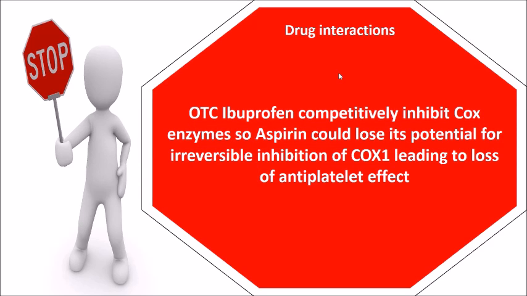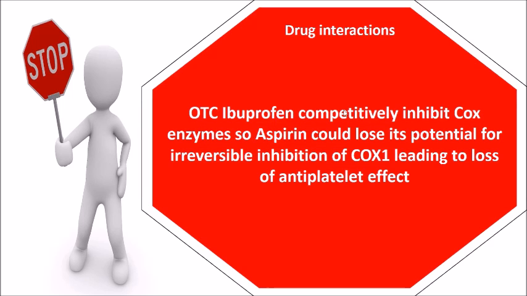Also, people on low dose aspirin like 75 milligram will usually buy ibuprofen over the counter or from shops. But remember, ibuprofen is an NSAID, so it competitively inhibits the COX enzymes, which aspirin also binds to irreversibly inhibit.